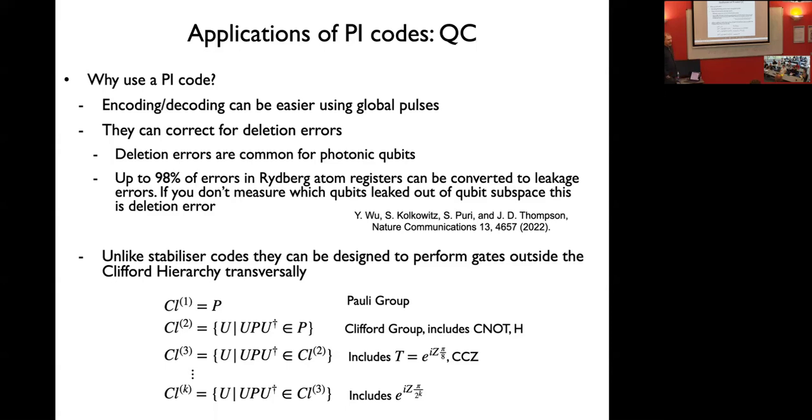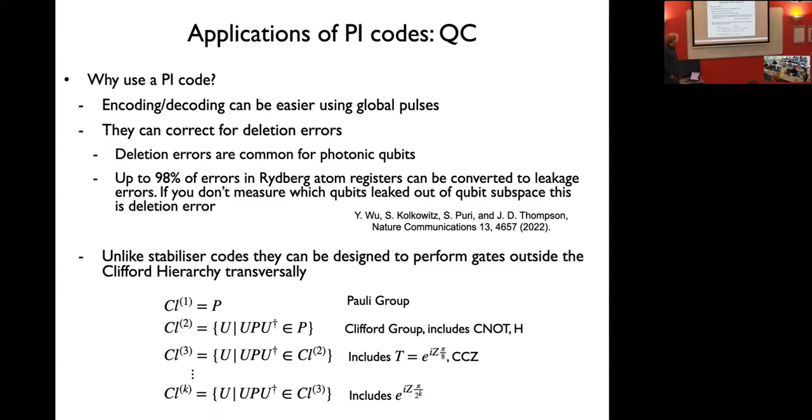But to work out when a qubit has actually experienced that leakage, you need to spend additional time probing that atom to see whether it is fluorescing on a transition that couples that leaked subspace to excited states, and that takes extra time as well as resolution with detectors. So it would be an easier assumption to say, well, let's just treat that as a deletion error. And so these permutation codes can deal with that. Because they're permutation invariant, you don't care where the erasure occurred.